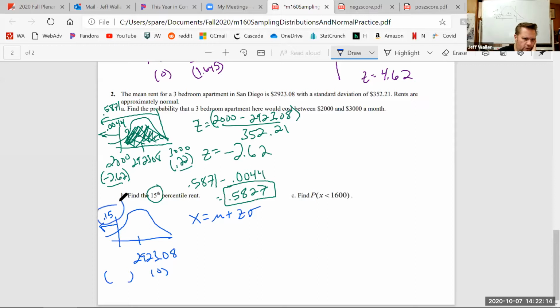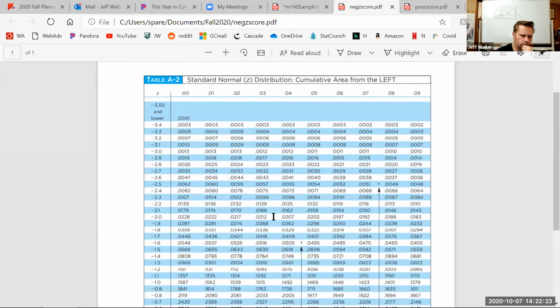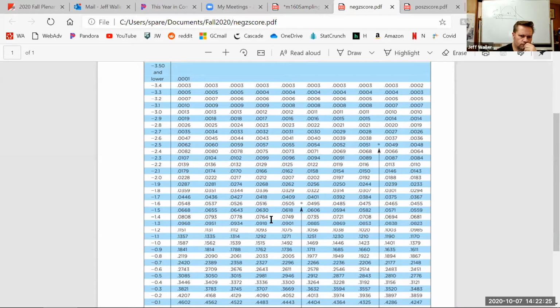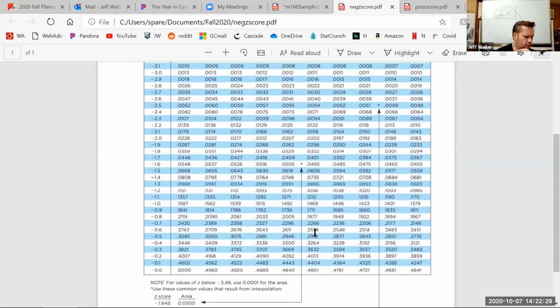So what's the closest you can get to 0.15? And obviously I'm going to use the negative z-score chart. It's below the mean. It looks like it's going to be 0.1492.